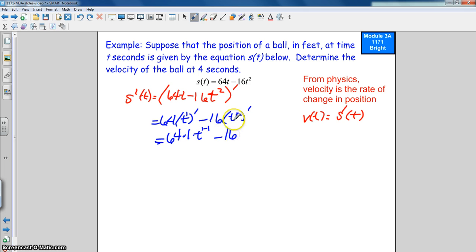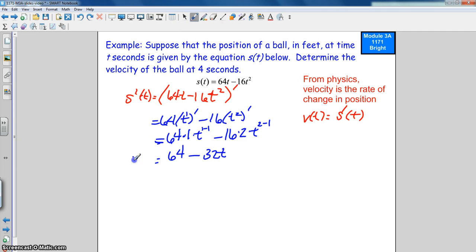So 16, and then same thing here, bring the 2 down, 2 times t to the 2 minus 1. Alright, and so this ends up being 64 times 1 is just 64. This t disappears because it's t to the 0, so this is 64, and then minus 32, and t to the 2 minus 1 is just going to be 1, so it's minus 32t.